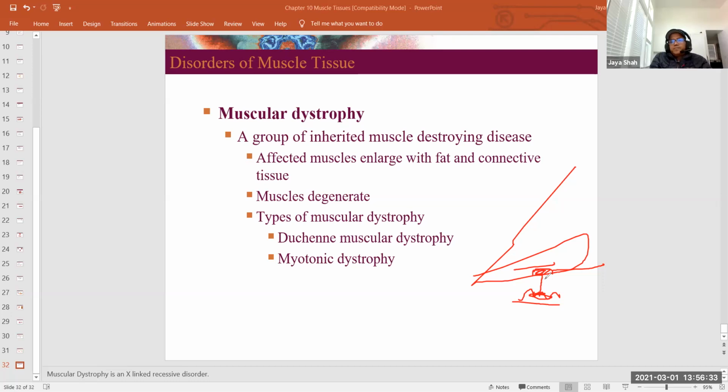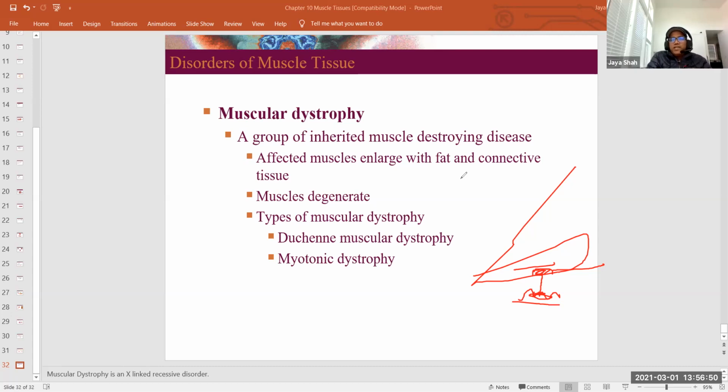Mutation of this dystrophin makes this muscle cell weaker, and that affects muscle, which enlarges with fat and connective tissue.